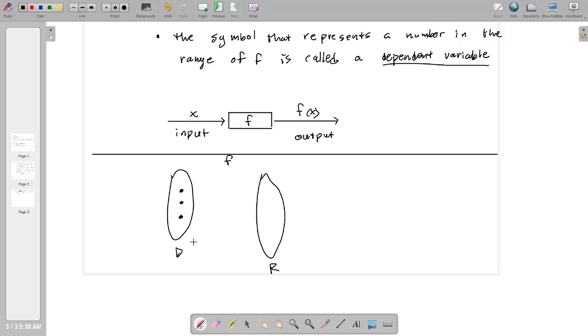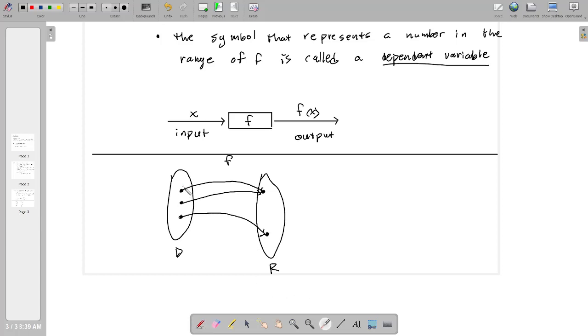I'm only drawing 3 because I don't want to be here literally forever drawing pictures. We get an input number x that will map to an output number in the range of f. So we have domain variables that will output to range variables.